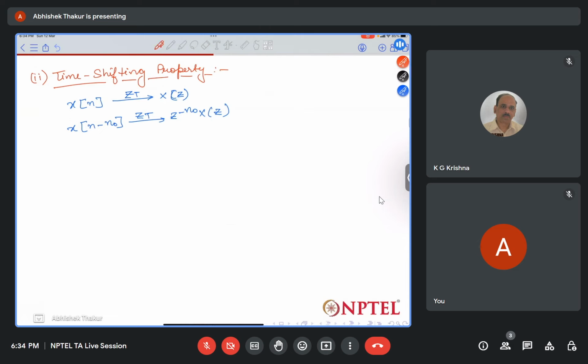This was the second one. The third one is exponential multiplication, like scaling in Z domain.